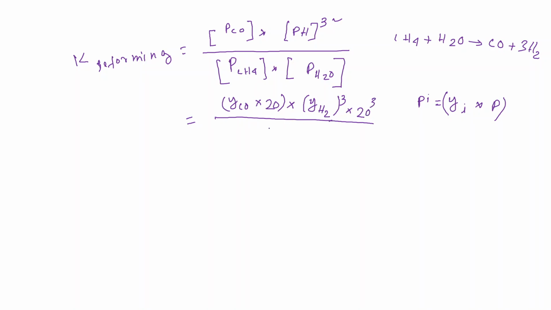This is also y CH4 multiplied by pressure 20, multiplied by y H2O multiplied by 20. In this way you can calculate K reforming and also K water gas shift.